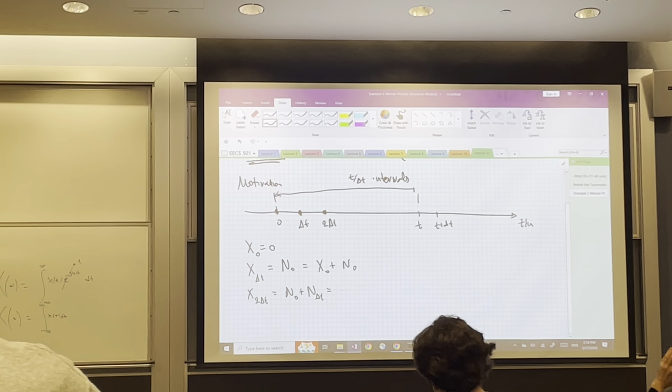And now I can split that into the mean of xs times xs, which is xs squared, plus the mean of xs times the summation over i of ni, i equals s over delta t plus 1 to t over delta t. And I want to ask you about this one first. Well, that's easy. The mean of xs squared, we found it, is sigma squared times s. But what about that? What can you say about this expectation?